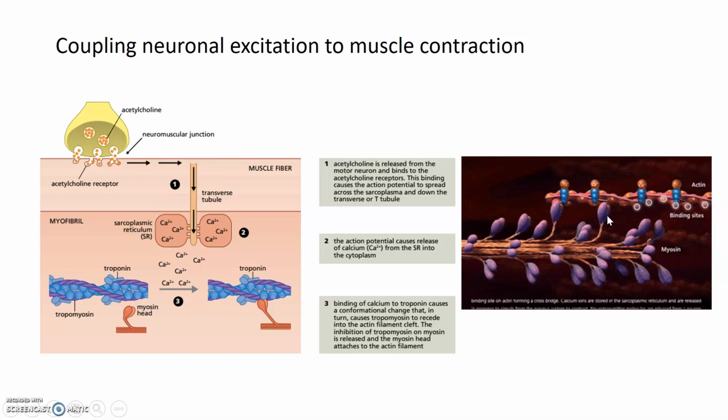And now myosin heads can bind, and actin can be pulled towards the center of the sarcomere, right? So calcium binds, troponin-tropomyosin exposes the myosin binding sites on actin, and then myosin heads bind, and the muscle can contract. And then when calcium is not bound, that contraction stops, right? And so in addition to ATP and its hydrolysis controlling muscle contraction, calcium has a really important role in regulating muscle contraction as well.